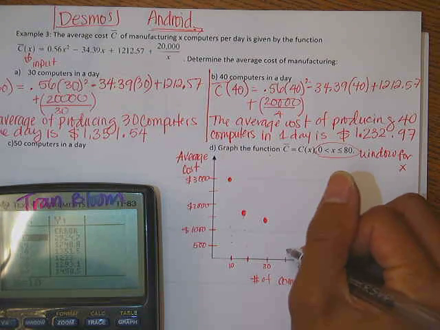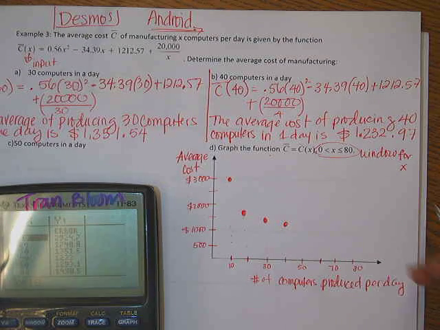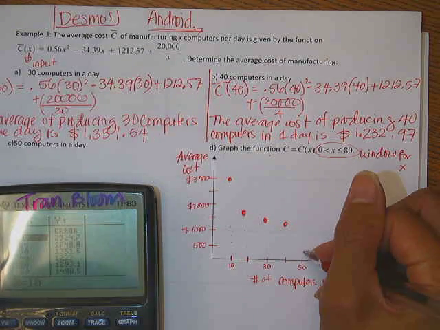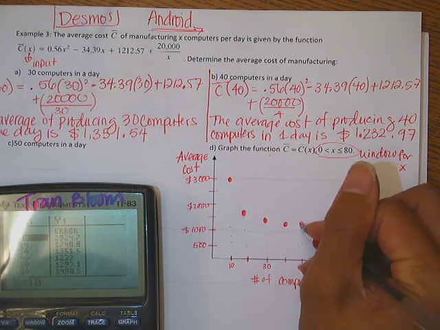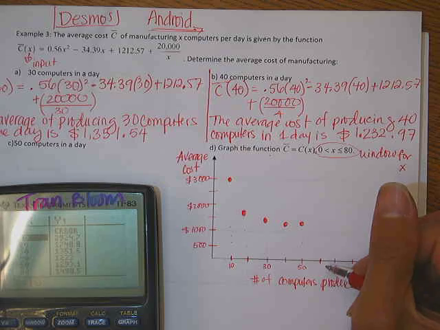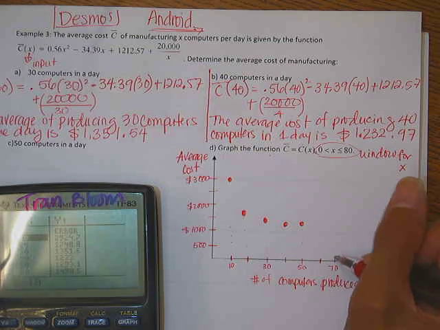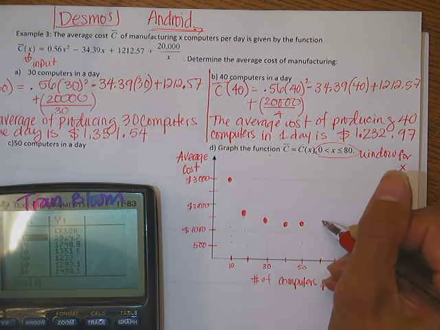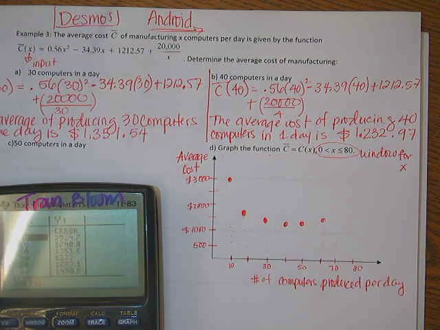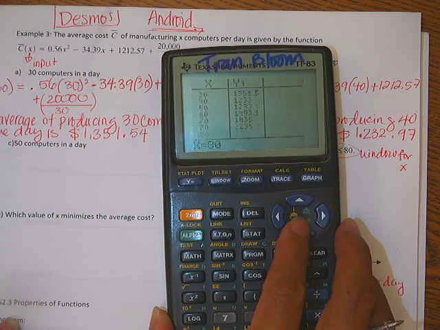So 40, 1233. If I produce 50, 1293. So 50, I'm going back. Okay, so slightly more than 40. If I produce 60, it's 1498. I'm creeping back up. So 60 is almost 1500. And I gotta go down to get the last two. Okay, 70 and 80.